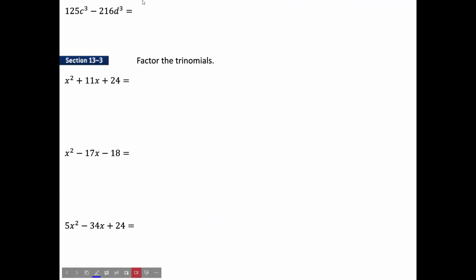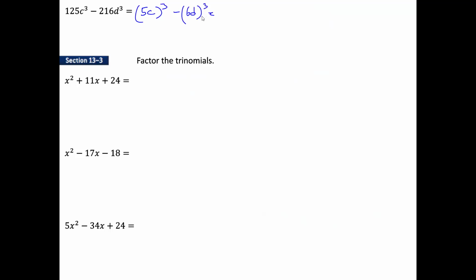This guy. So if I take the cube root from that, I will find 5c cubed. Now this one, 216 to the exponent 1 over 3, it's 6. Minus 6d cubed.